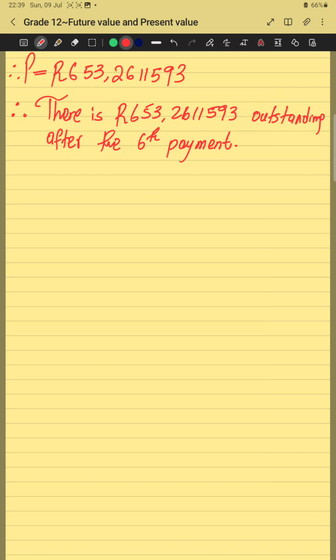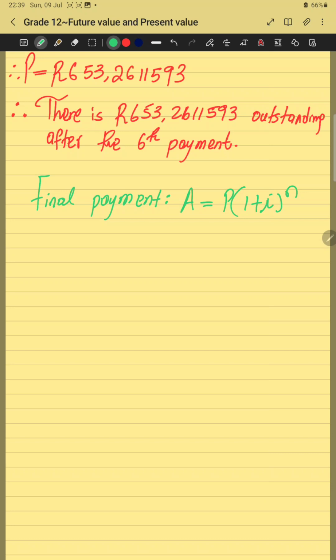Then now let's do the final payment, and for the final payment, we're going to use this formula, or the compound interest formula.